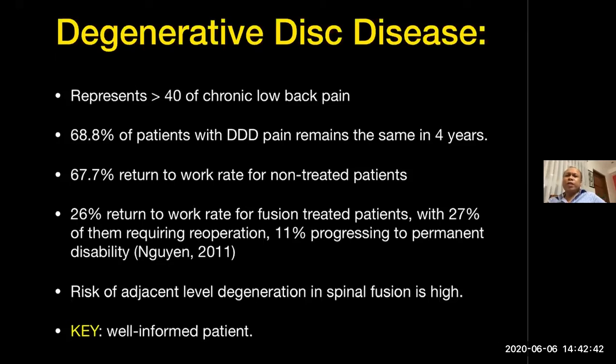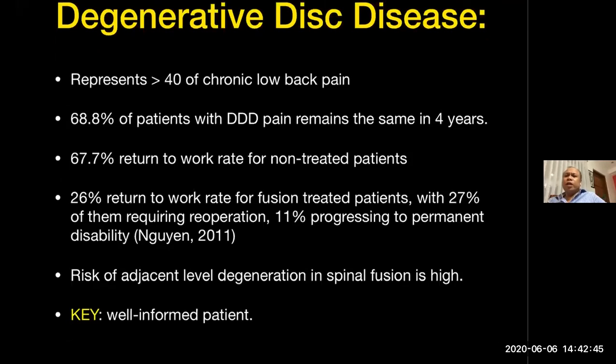And 26% return to work after fusion. So some of our colleagues would do surgical fusion of these patients, but only 26% of them would actually be able to return to work. And 27% of those who were treated from the 26% will require reoperation, and 11% of those from the 26% will actually progress to a permanent disability.